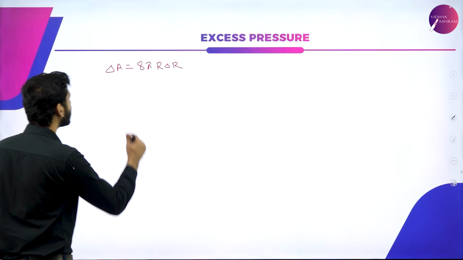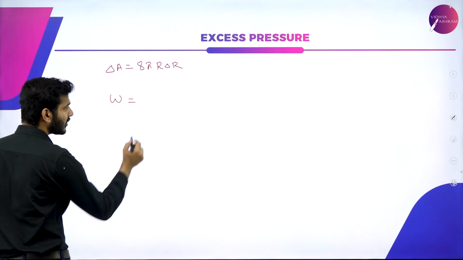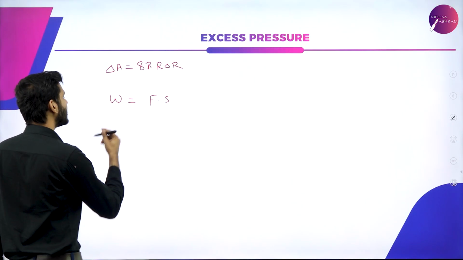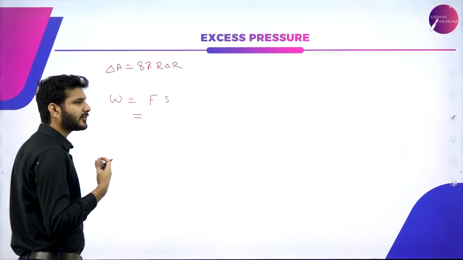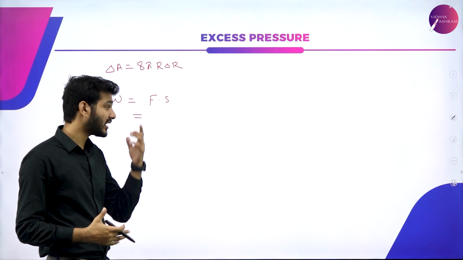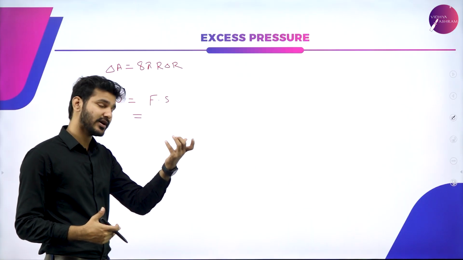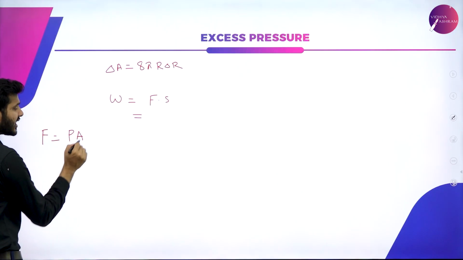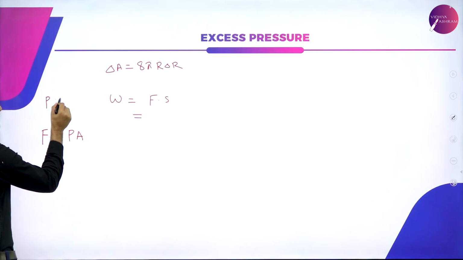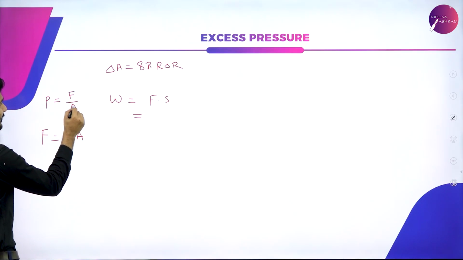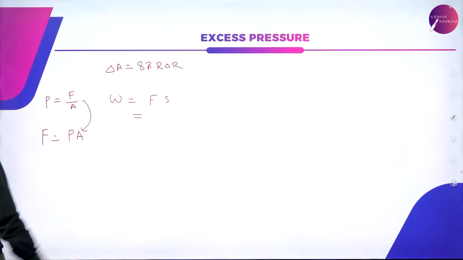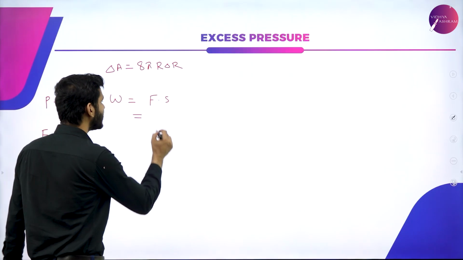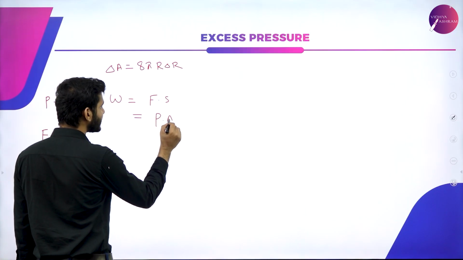That work can be found using the equation F·S, or simply F times S. Since I am talking in terms of pressure, I'll write the force in terms of pressure: force is equal to P times A, because P is equal to F by A.